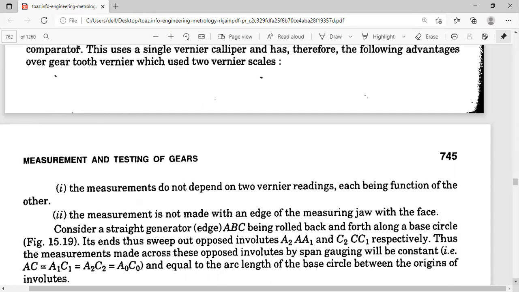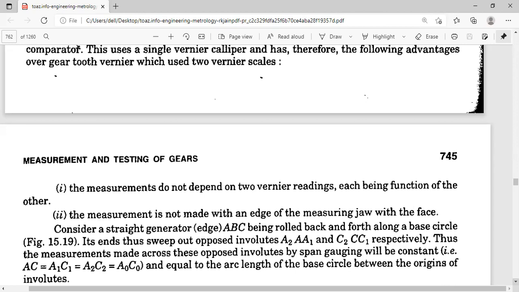So here the measurements we are taking with the base tangent micrometer or the base tangent comparator, we are not taking into consideration the measuring jaws, because already that's a disadvantage or a limitation in the vernier caliper, already I told you, because you are measuring hundreds or thousands of components.